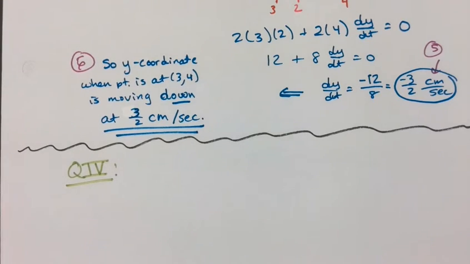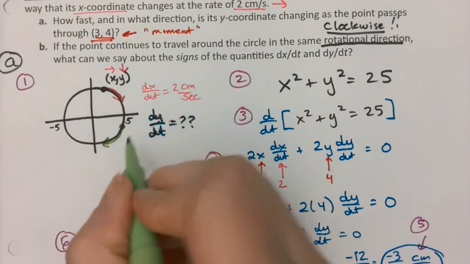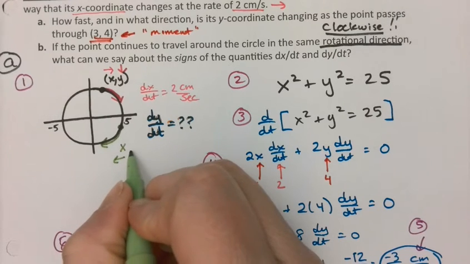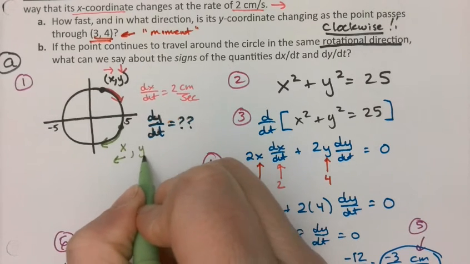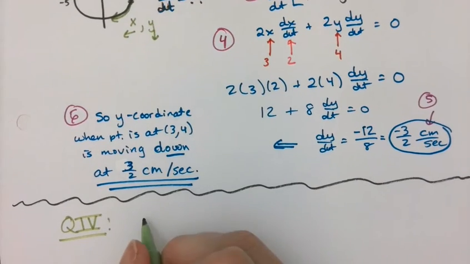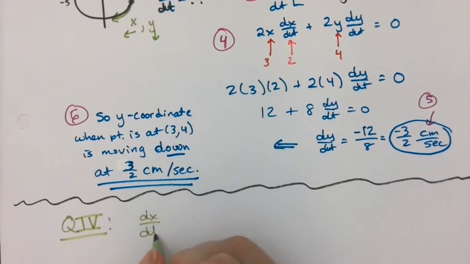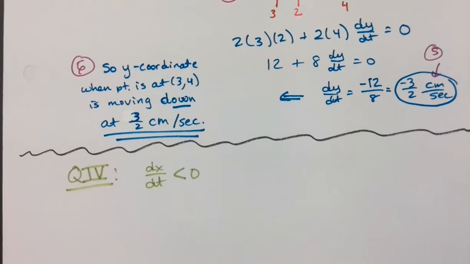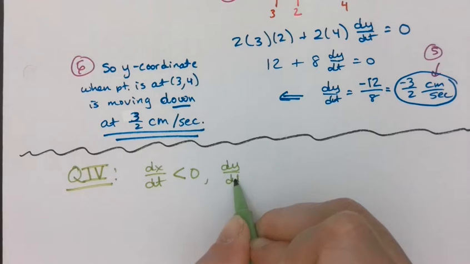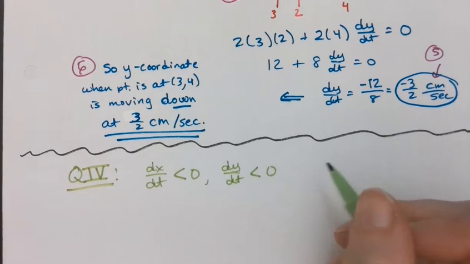You have a point (x, y). The x would be going to the left, and the y would be going down. If the x is going to the left, that means dx/dt must be negative. And dy/dt, because we're going down, is also negative, right?